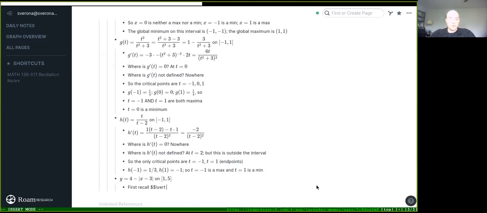So here's what I want to say. |x - 3| is equal to the positive x minus 3 if x minus 3 is positive or 0, and negative x minus 3, which is 3 minus x, if x minus 3 is negative.